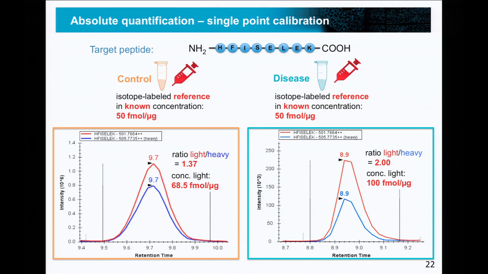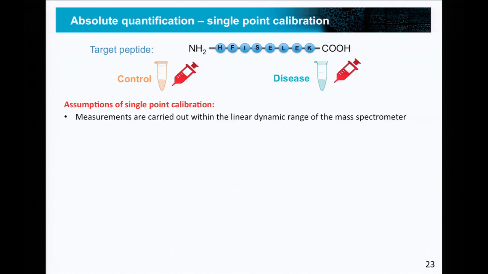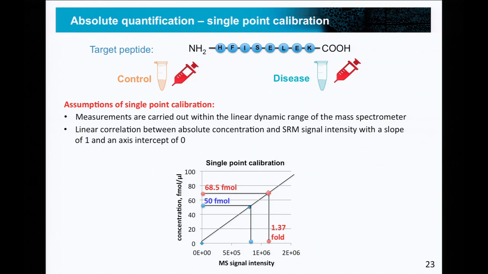However, to do this type of easy calculation, you apply two assumptions. The first assumption that you make is that you have carried out your measurements within the linear dynamic range of the mass spectrometer. And the second assumption that you make is that this linear correlation, this linearity that you assume, has a slope of 1 and an x-intercept of 0.